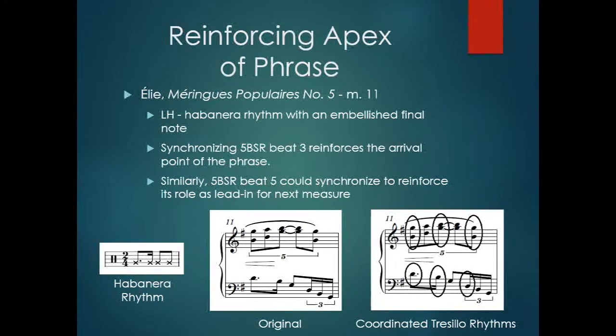As I've been talking about before, we could have the option to misalign these notes, but since this high point indicates the arrival point of the phrase, I think that you should prefer to synchronize this note. Otherwise, the arrival point gets tilted a little bit. It's not as powerful an arrival point if we misalign those notes. So looking at that passage.